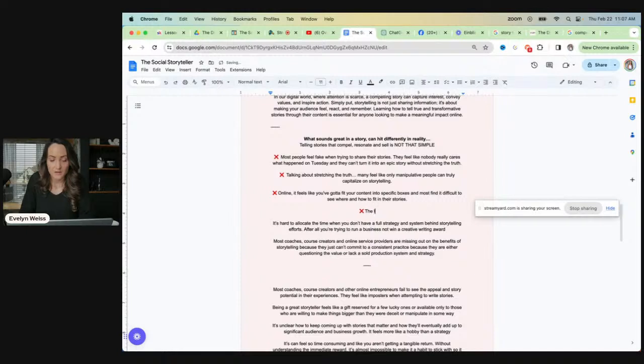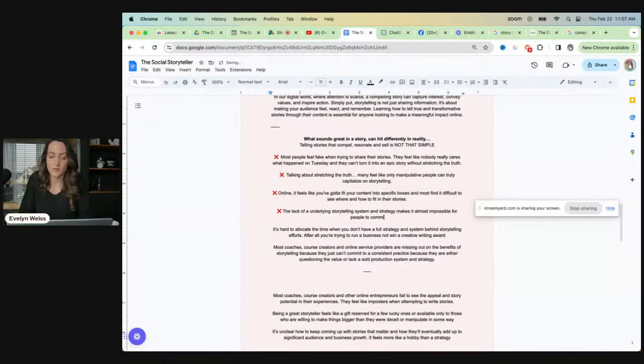The lack of an underlying storytelling system and strategy makes it almost impossible for people to commit long enough to see results.